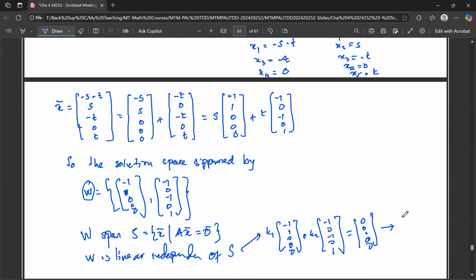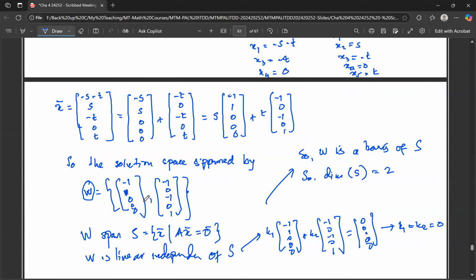We have that k1 is the same as k2 and will be 0. So W is linearly independent, so W is a basis of S. The dimension is 2, because the number of vectors in W is 2.